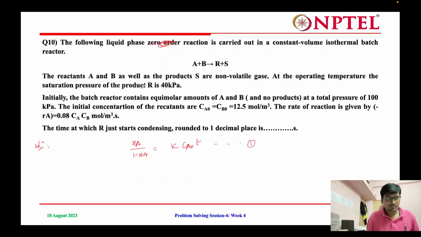Here the given pressure of R is 40 kilopascals. So the partial pressure is xa into 50 kilopascal... equal to 40 kilopascal.